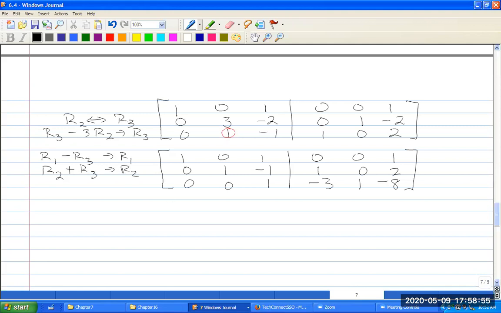So I get finally 1 plus 0 is 1. 0 plus 0 is 0. 1 minus 1 is 0. 0 minus 3 is negative 3. 0 plus 1 is 1. 1 minus 8 is minus 7. Add.